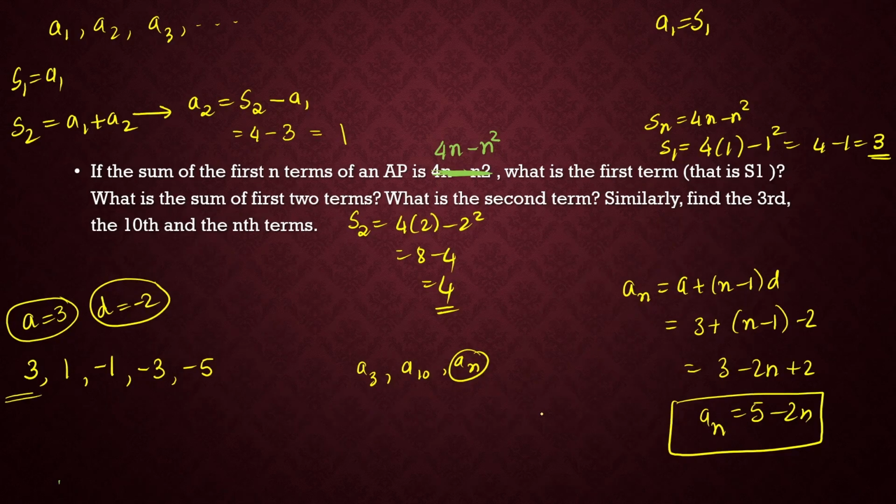You can just cross check: 5 minus 2 is 3. You can check whether the third term which you have derived is right or false. Just substitute 3 in place of n. So 5 minus 2 into 3, 6, that is equal to minus 1. So whatever we have derived here is absolutely right.